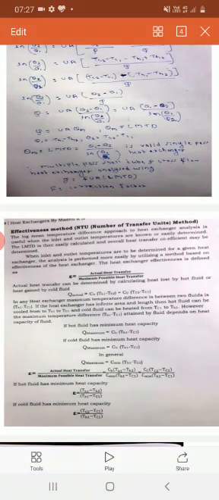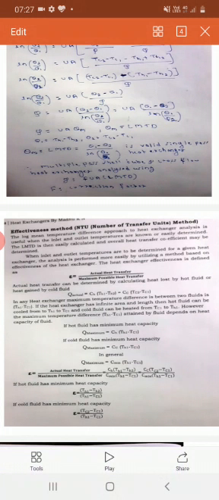If the logarithmic mean temperature difference and the inlet and outlet temperatures are known, we can easily calculate the overall heat transfer coefficient.